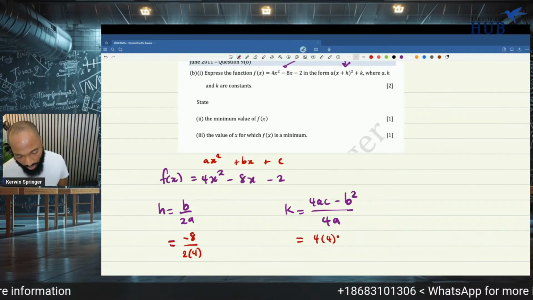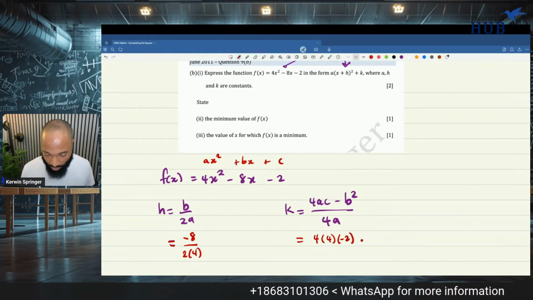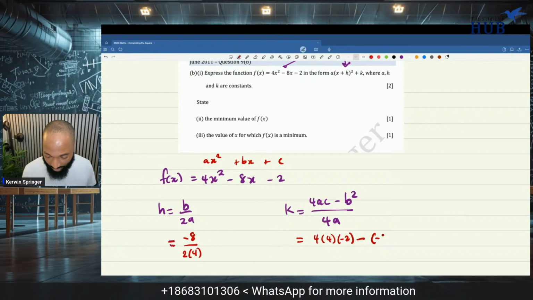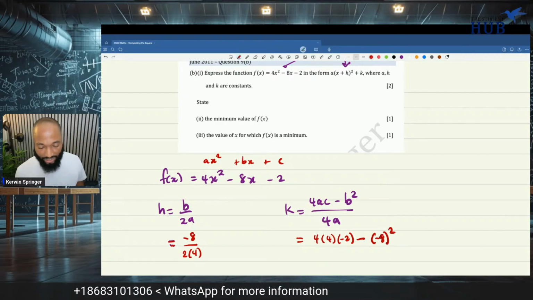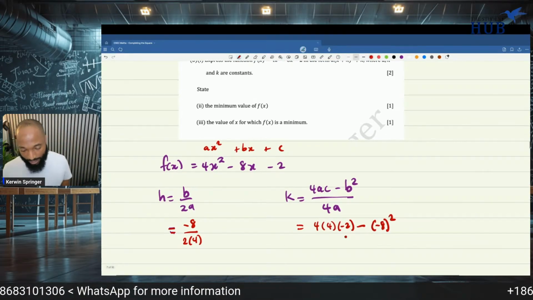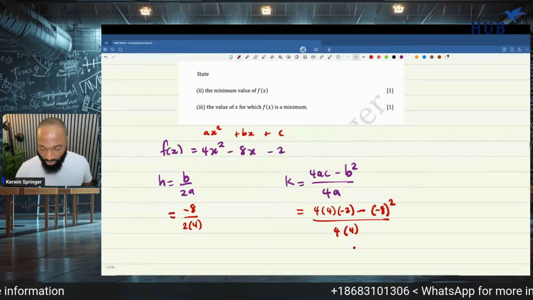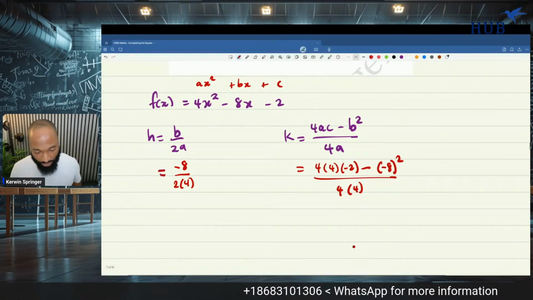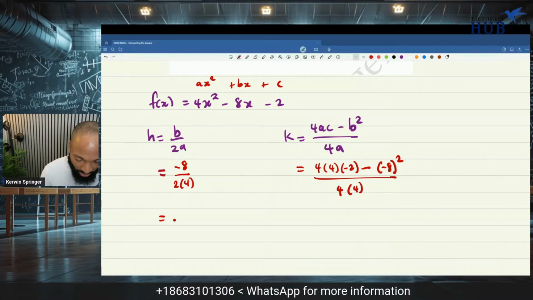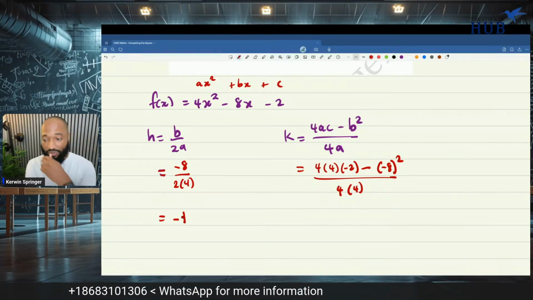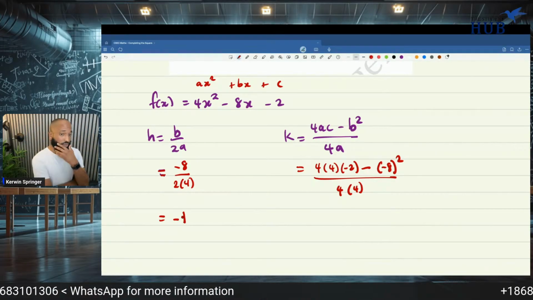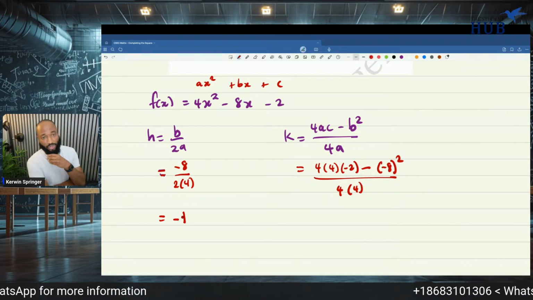4 by 4 by c is -2, minus b squared, which is negative. Hey, we got a -8 again for b. And then you put all of this over 4a, which is 4 by 4. So we're dealing with a lot of 4s in this. This turns out to be -1, which is very nice for us. -1 is usually an indication that we're going to have a happy time.